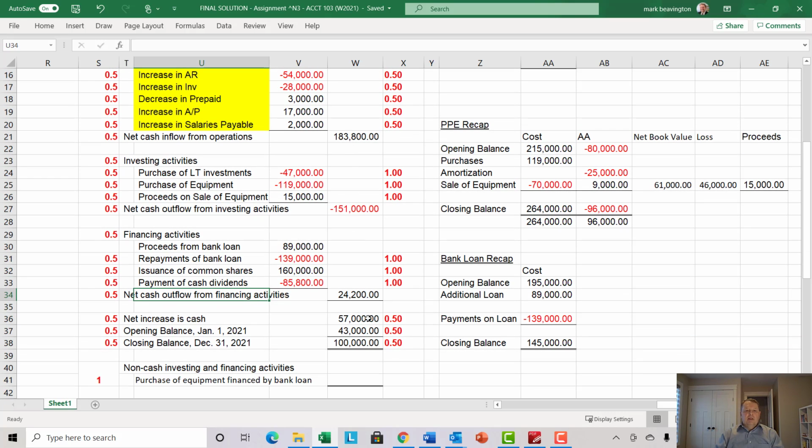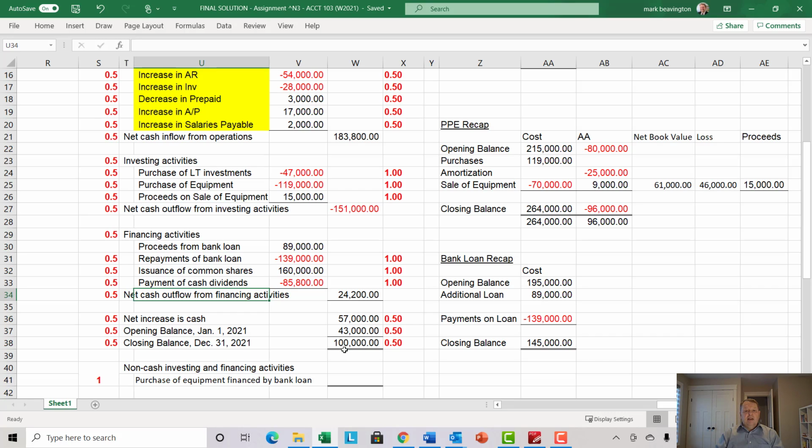Add these all up and you get a $57,000 increase in cash. The opening balance in cash right from the balance sheet is 43,000. And the closing balance is 100,000. So this actually works. These are free marks. You can get all three of these numbers. You can get these two numbers right off the balance sheet, and that's just the difference in those two numbers. So free marks, don't forget that when you have to do that, maybe on a final exam.